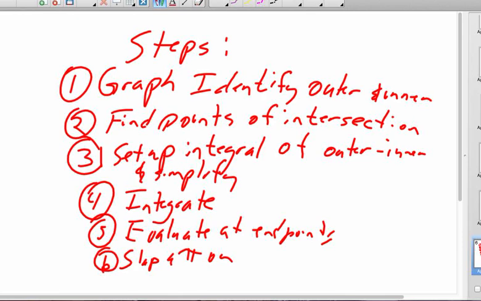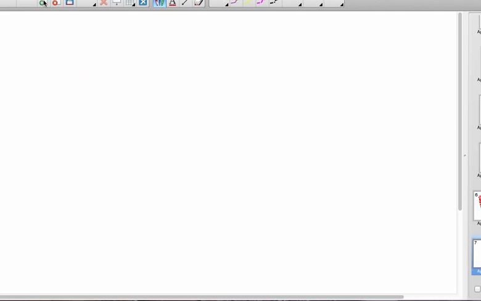I'm going to work another one which is a little bit more complicated. This one you're going to rotate about the x-axis.